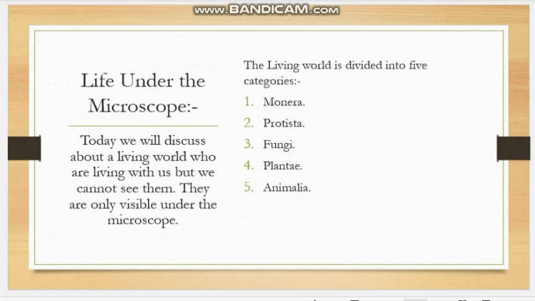So we will discuss the Monera category. What is Monera? Monera is the bacteria. And what is bacteria? That we all know. Because bacteria is something we live with, and some bacteria are pathogens, means they are harmful, and some bacteria are not pathogens, they are very friendly and helpful to us.